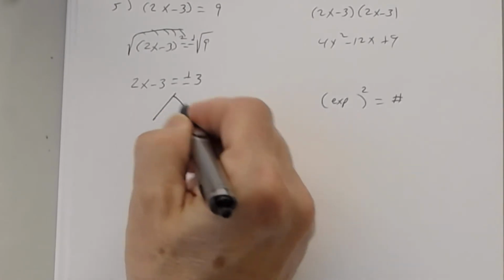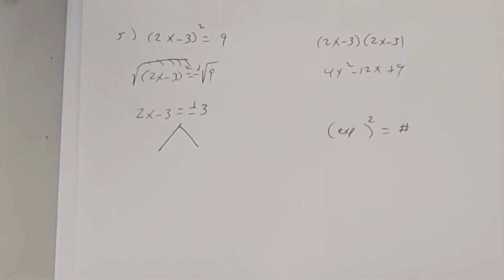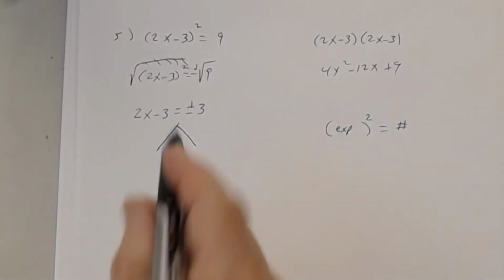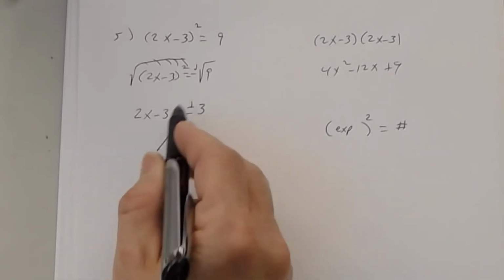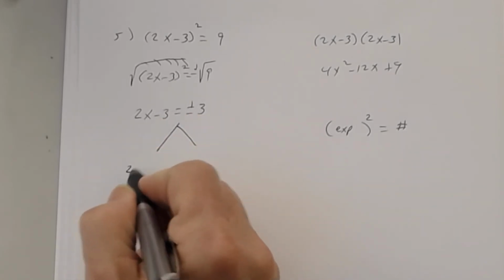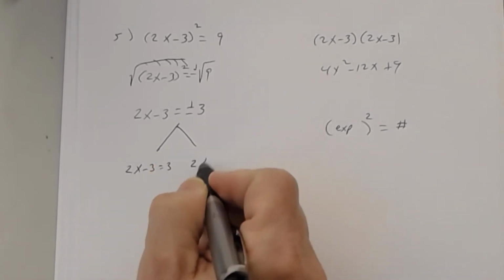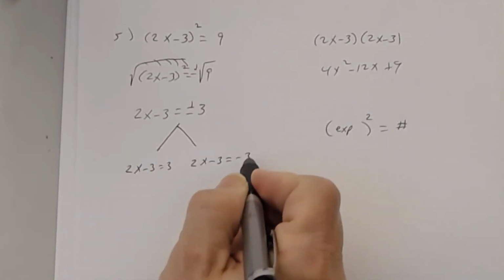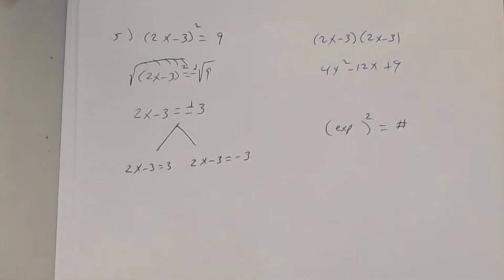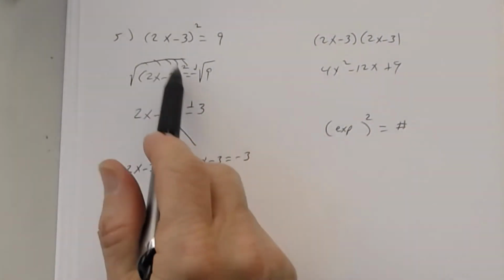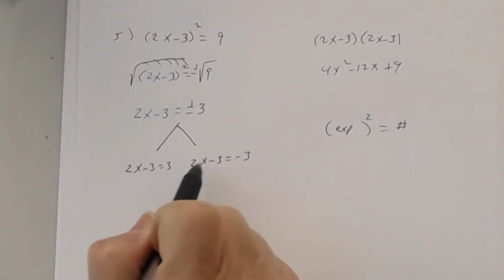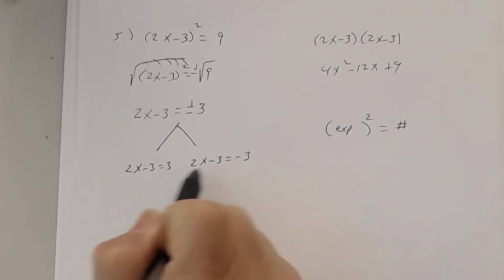So when I break it apart like this, when I write it as 2 separate equations, this right here means that this expression 2x minus 3 is equal to a positive 3, and it's also equal to a what? Negative 3. Okay? And notice I went from a quadratic equation to 2 linear equations.